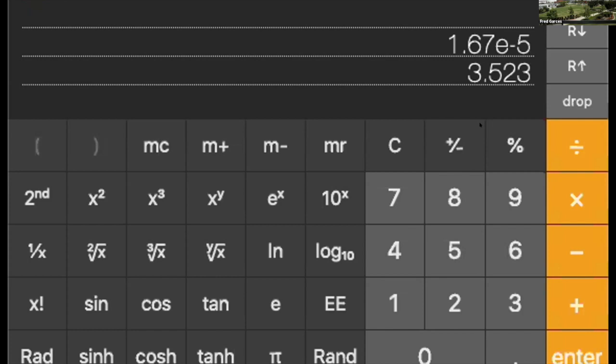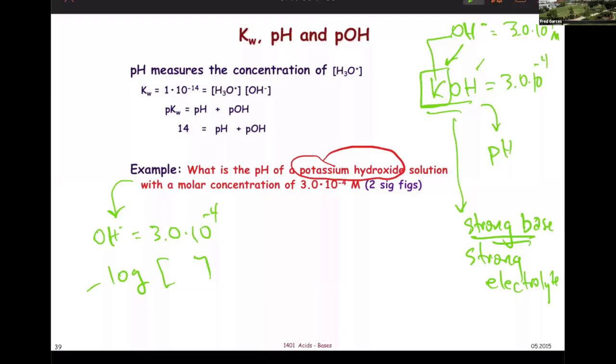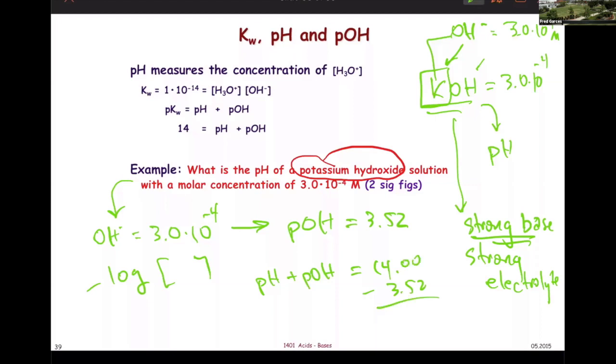So let me go back and show you my screen. Okay, so this right here is pOH, that's 3.52. Then to calculate the pH, remember the pH plus the pOH equals 14. So if I just subtract 3.52 from 14, I would get my pH value.